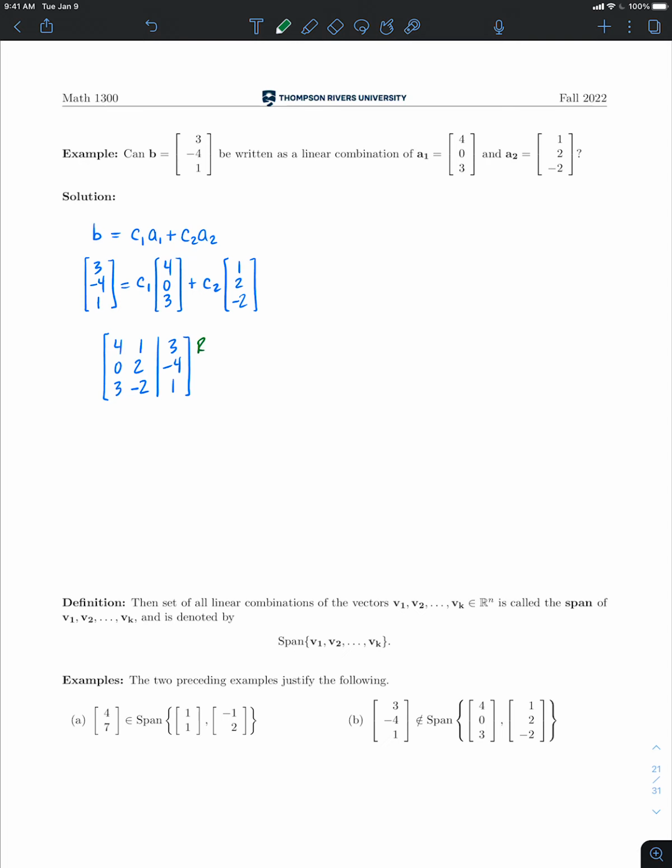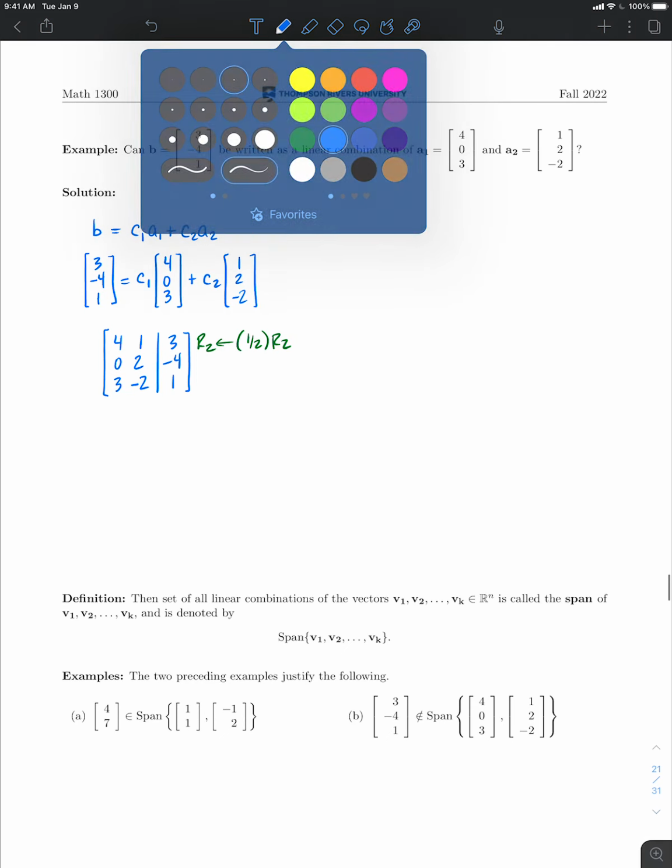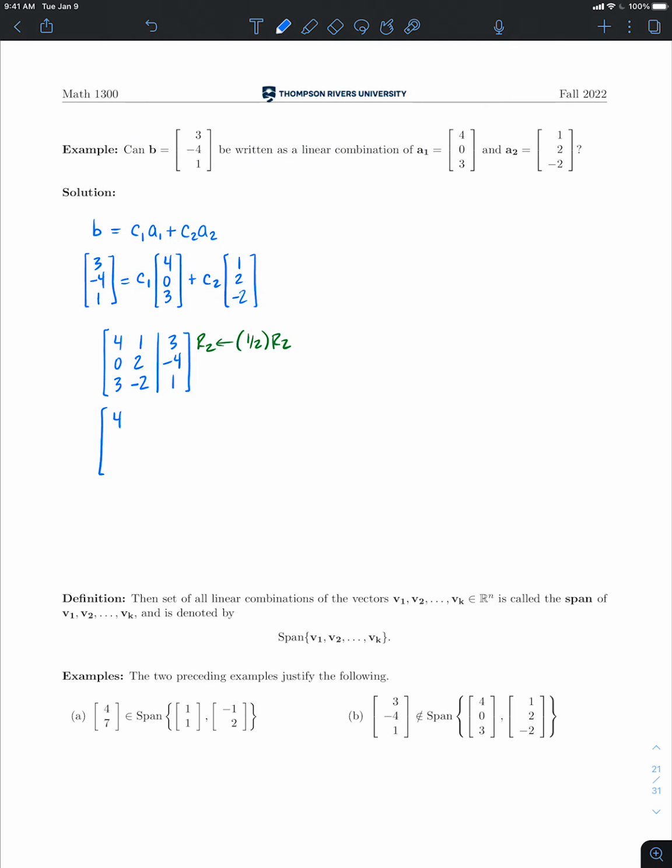So let's take row 2 and multiply it by half. And what will that give us? First and third rows won't change. And then we'll just have 0, 1, and -2. Okay, so I'm seeing that column 2 is going to be a pivot column here. And then I'm going to use this 1 to clear out the entry above it and below it.